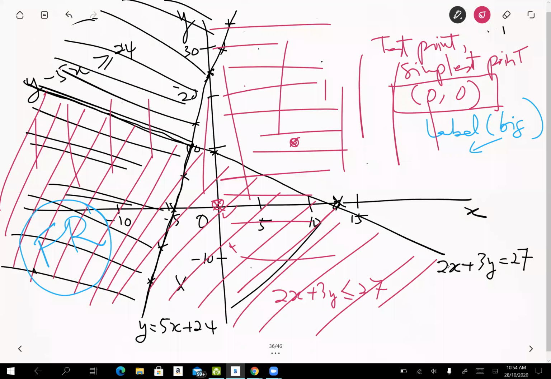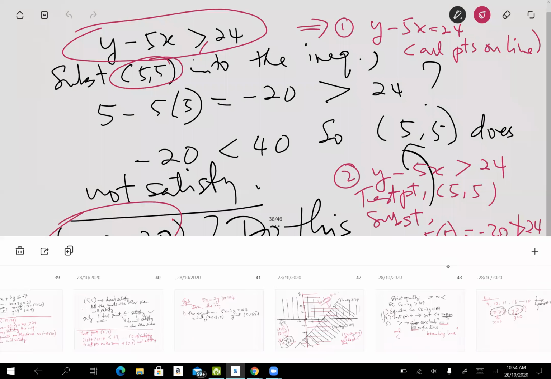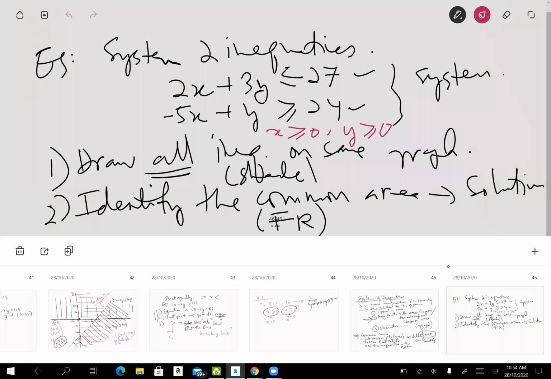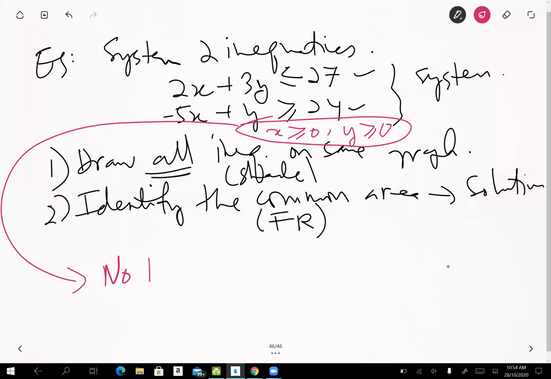Does not intersect with x bigger or equal to 0. So therefore there is no solution, all right, because it does not satisfy all the inequalities. So if I include that one, what you will get will be no feasible region. In other words, no solution.